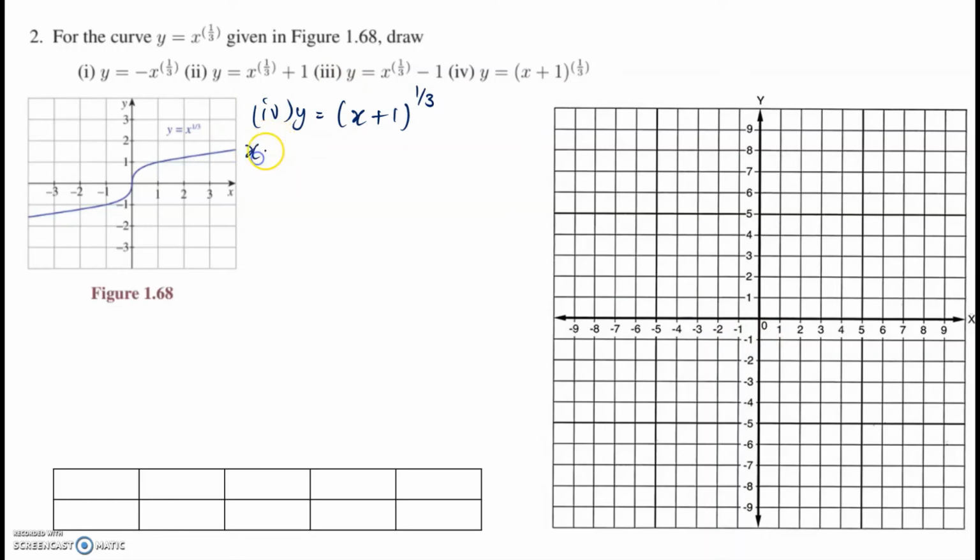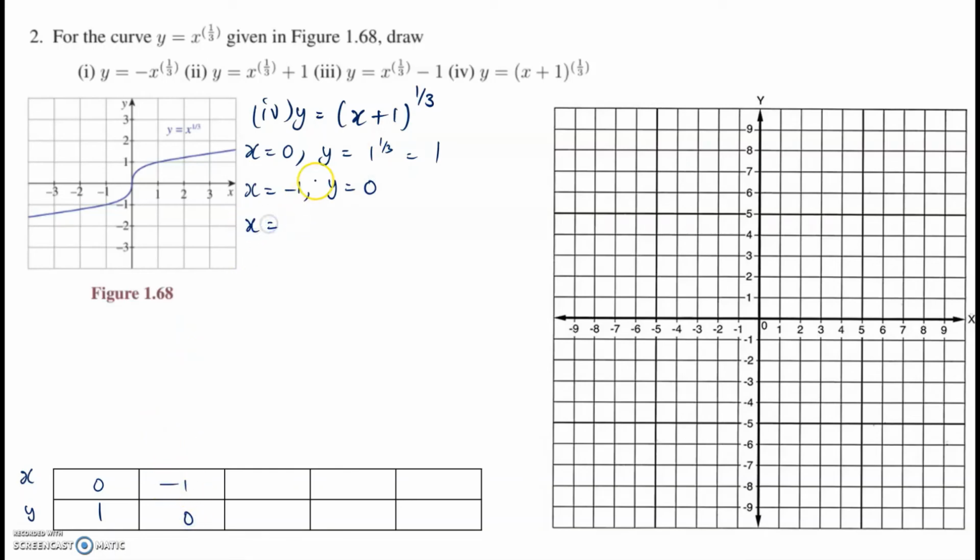So let's take, as usual, our x is equal to 0, then our y is equal to 1 to the power 1 by 3, which is 1. So x and y, 0 and 1. Then let's take our x as minus 1. Then y is equal to 0. So minus 1 and 0.